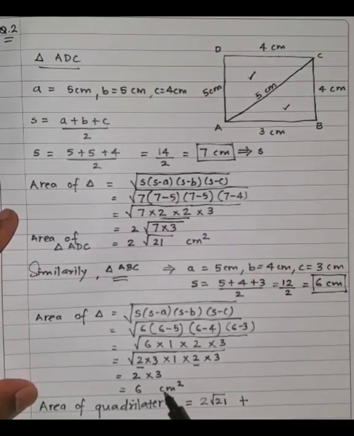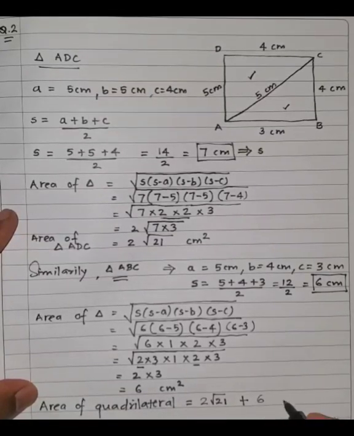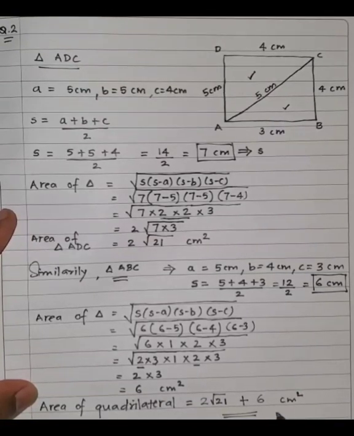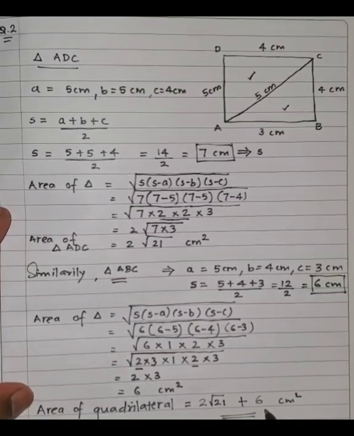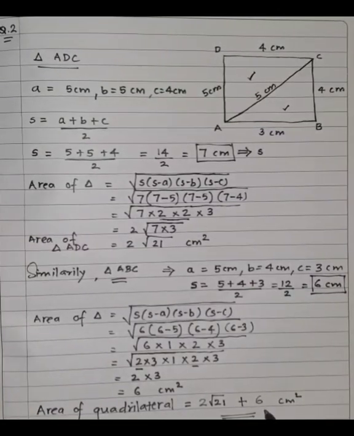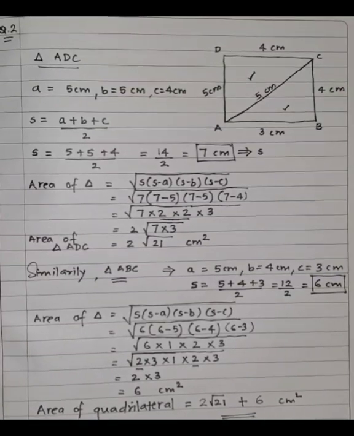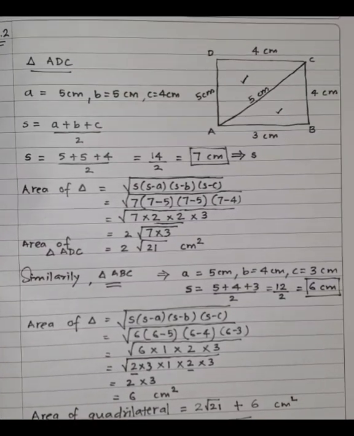What did we get as the area of that triangle? 6. So 2 under root 21 plus 6 centimeter square. This is the final answer for the area of this quadrilateral ABCD. I hope you have understood this particular question. It was very much similar to what we did in question number 1.